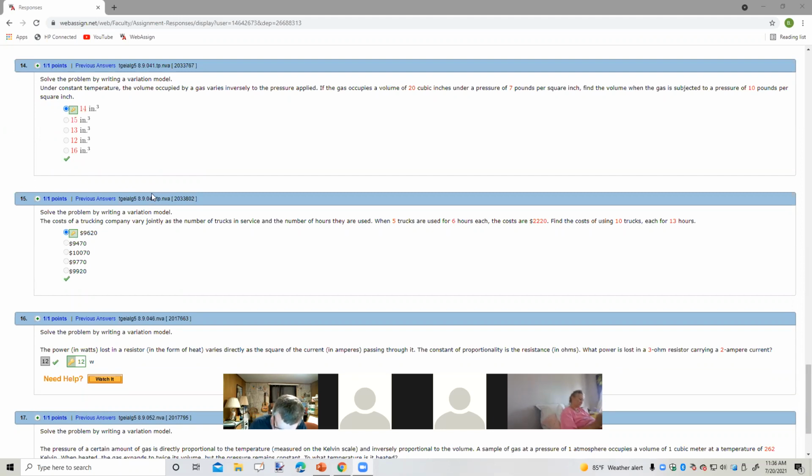So we've got volume, which I'm going to call V, and pressure, which I'm going to call P. It says the volume varies inversely to the pressure. So V equals K over P.